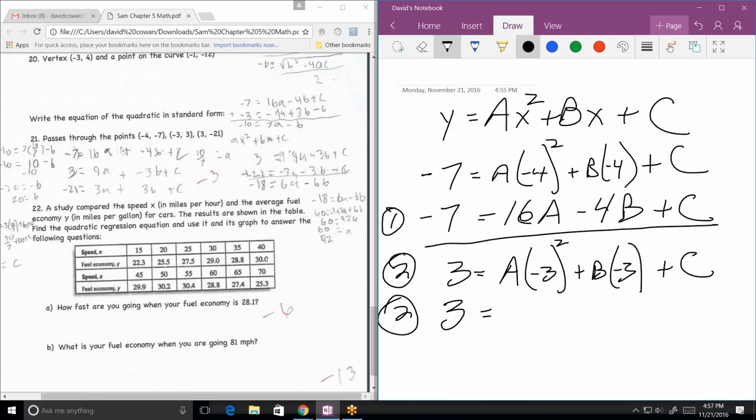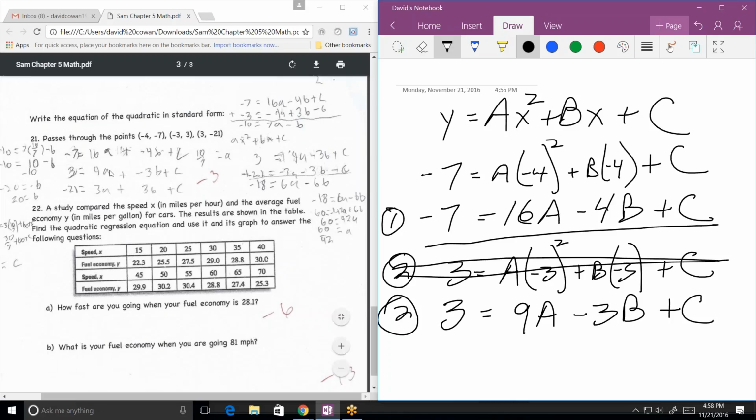That would be 9a plus b9 plus c. Let's put it into more traditional format. In other words, put the coefficient in front of the letter. Like that. Okay? All right, that sounds good. There's our equation 2. And it looks like that's what you've got on equation 2.